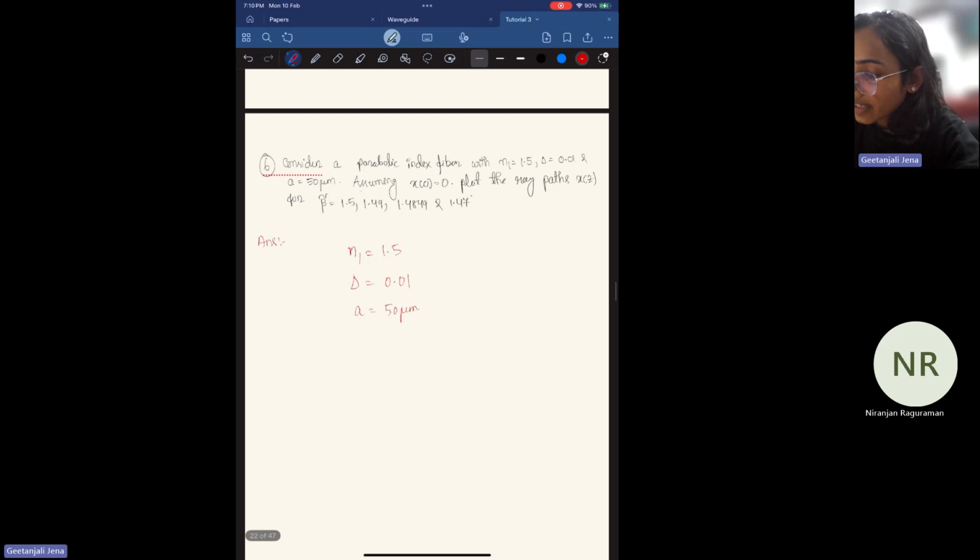Assuming at x equal to 0, it is 0, plot the ray paths for beta tilde equal to 1.5, 1.49, 1.4849 and 1.47. What will be the ray path for this ray constant?